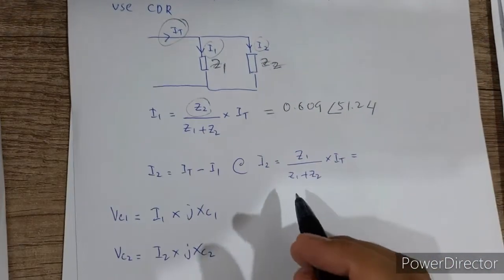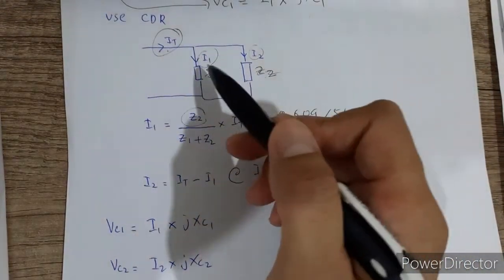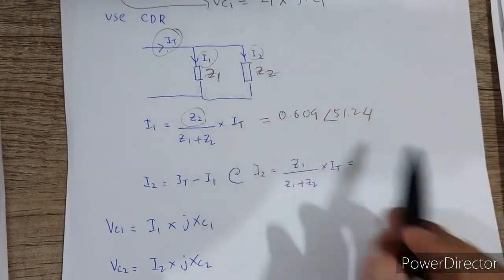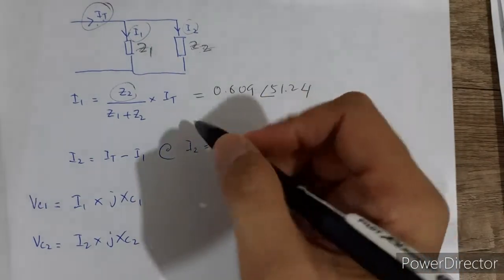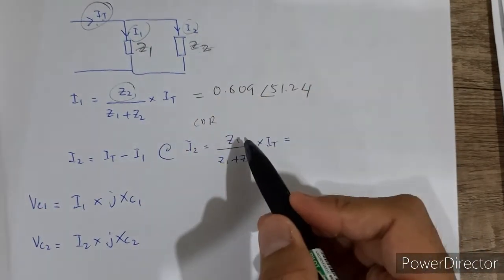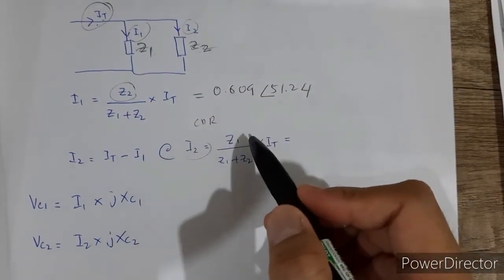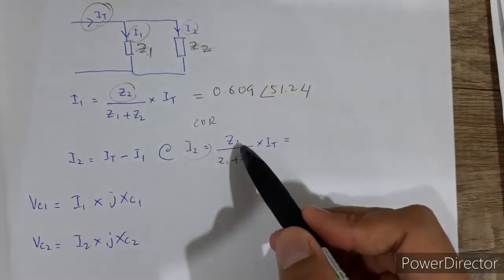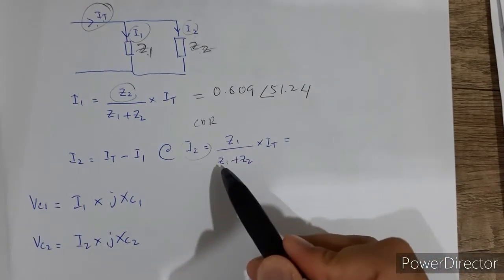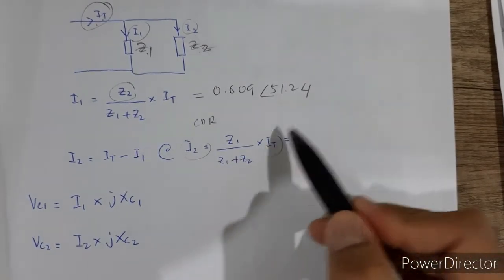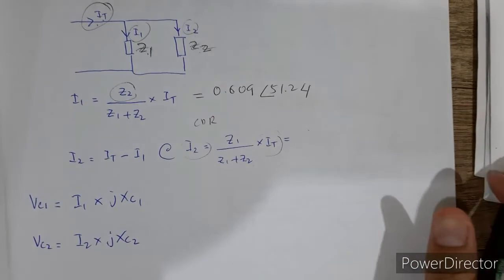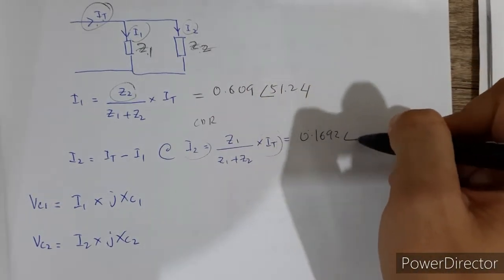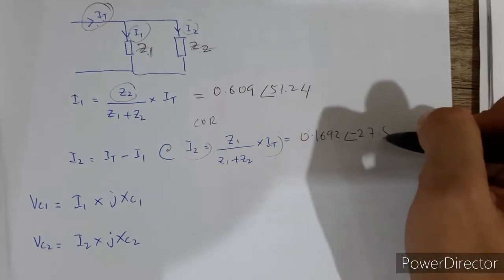For I2, you can simply do I total minus I1, or you can also use CDR. To determine I2, the adjacent impedance is Z1. So Z1 is on top, divided by Z1 plus Z2, multiplied by I total, and then I2 you will get 0.1963 with angle of negative 27.5.